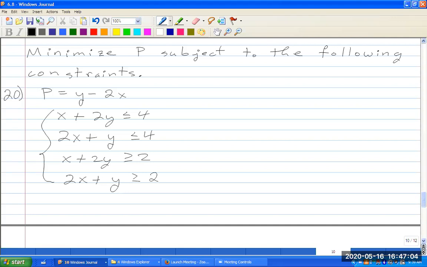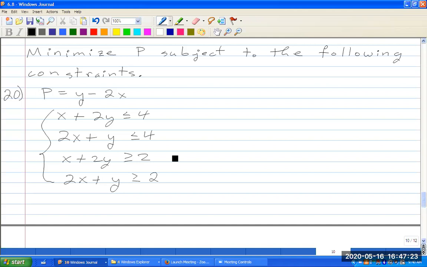So if you notice, we really only have two differing inequalities. Really, this says that x plus 2y is between 2 and 4, and this says that 2x plus y is between 2 and 4.